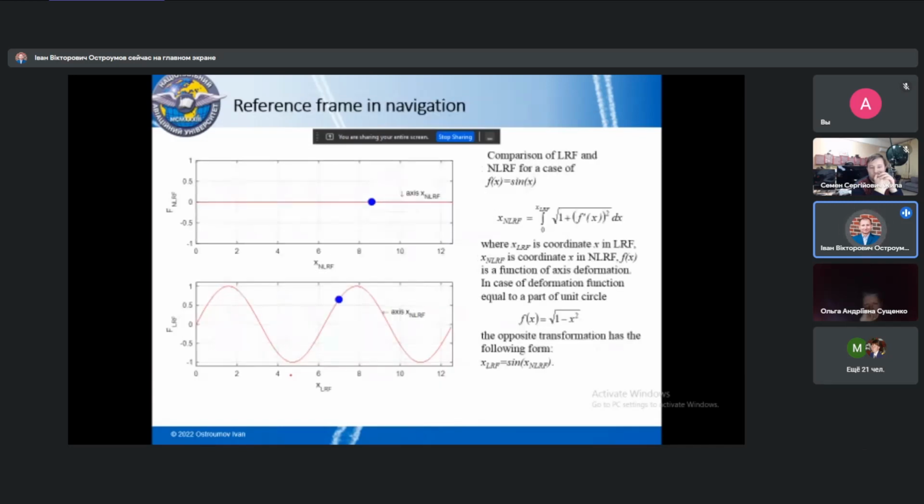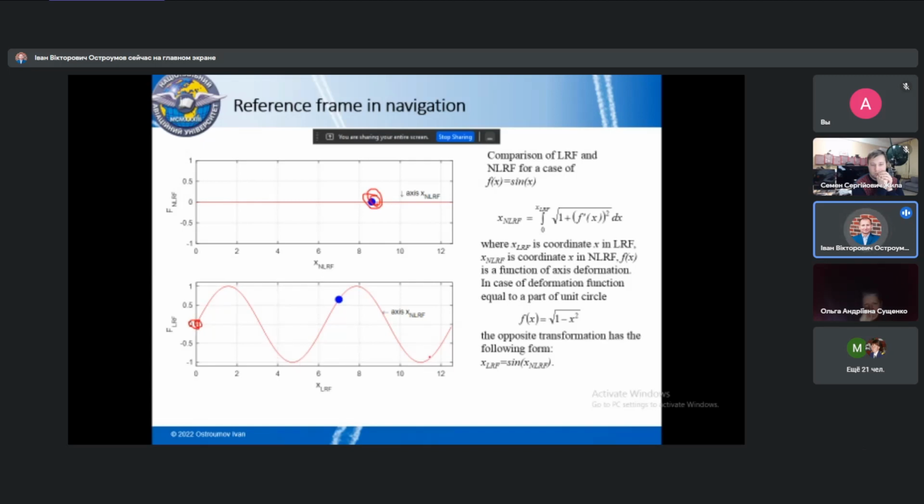In some cases, we have two reference frames. One of them can be linear, where we've got the x-axis and y-axis, and we've got the location of some point. And another reference frame, which has the same reference point, can be non-linear.